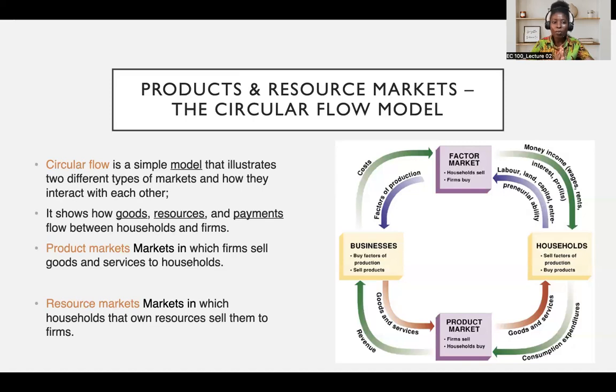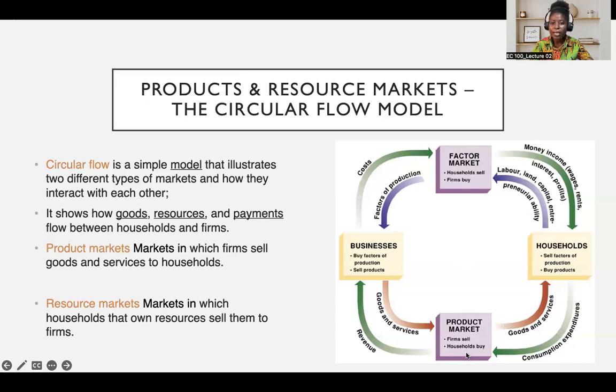So here we want to see how two types of markets interact with each other. One kind of market is called the product market, and the other one is called the resource market. If you look at this diagram, at the bottom is the product market.